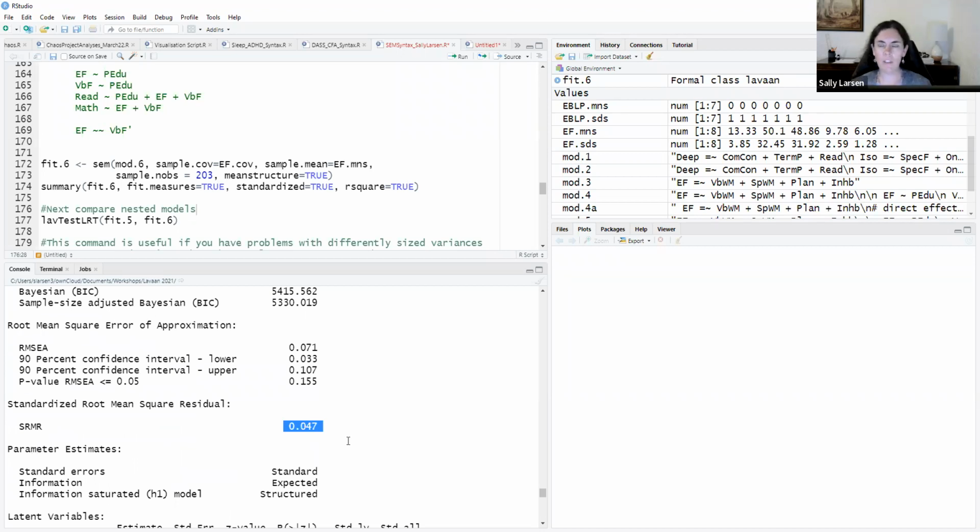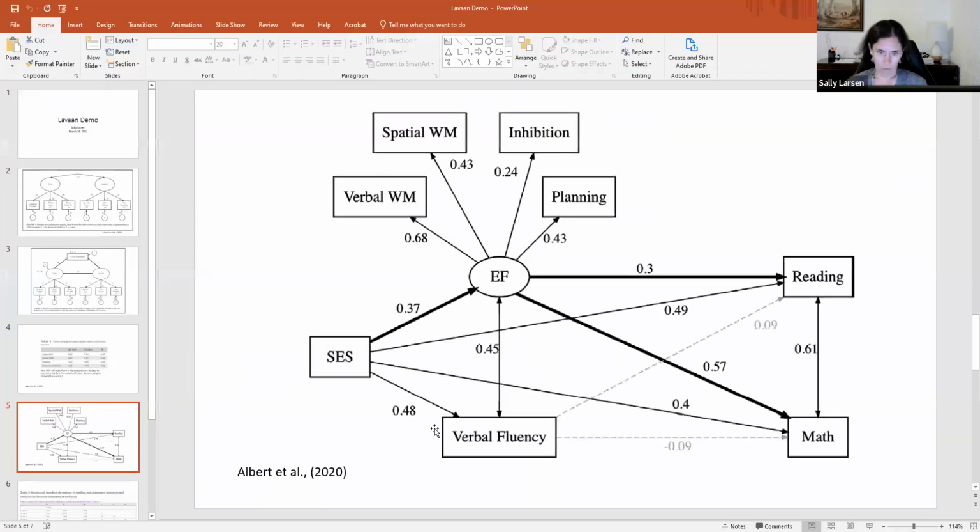But compared to the theorized pattern of relationships between variables in the PowerPoint, in here we actually don't have some of these paths that are in their final published model. So you've got to be really careful with the modification indices.